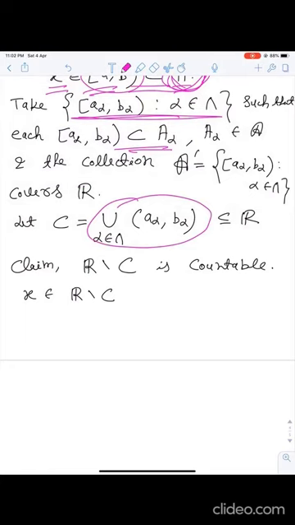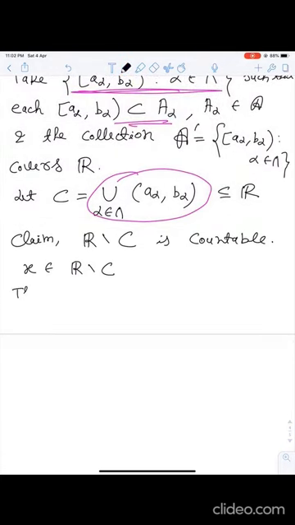Now it is easy to see that X equals some A alpha dash, for some alpha dash belonging to lambda. Why?